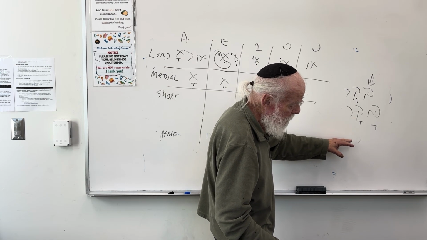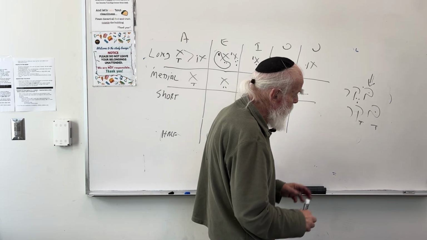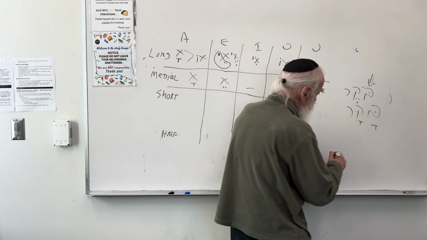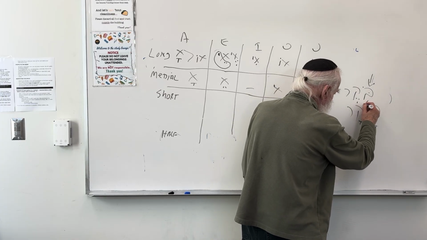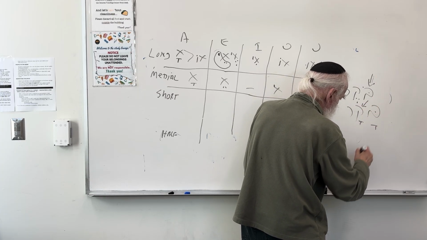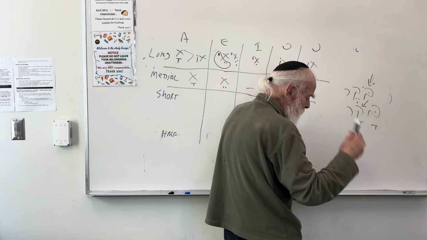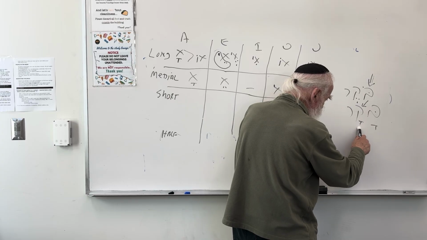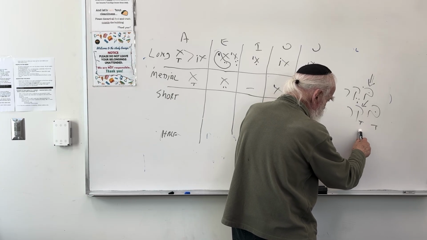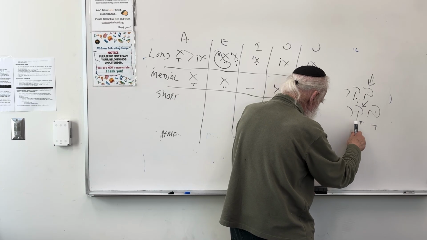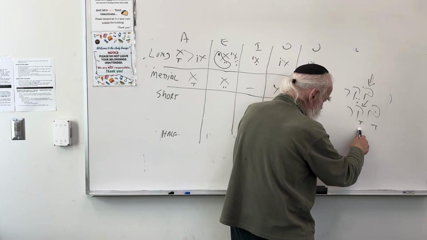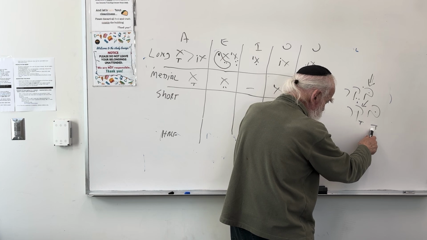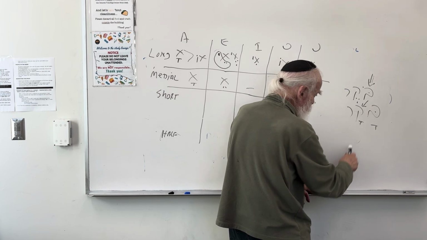On both syllables? And here's where we make the following statement. A medial kamatz is either accented or 1 place removed from the accent. And bakar is a classic example of two kamatzes, both of them medial, but it's one place removed from the accent or it's accented.